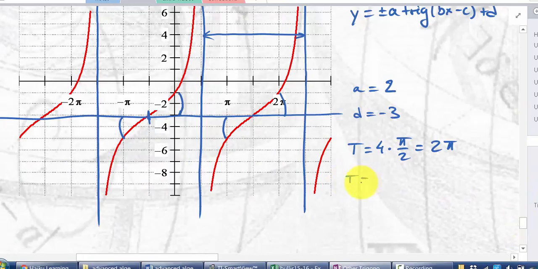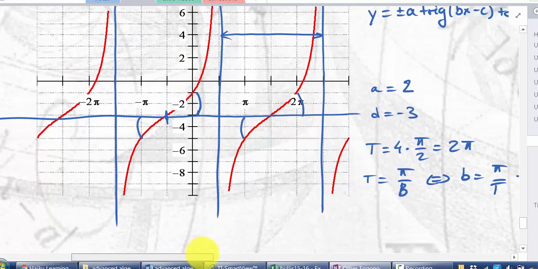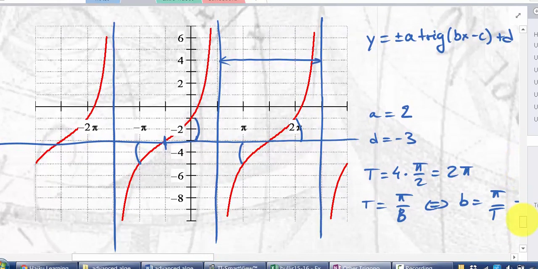We know that T equals pi over b, right? Therefore, b equals pi over T. And so it is equal to pi over 2 pi, which is 1/2. 1/2 right there.